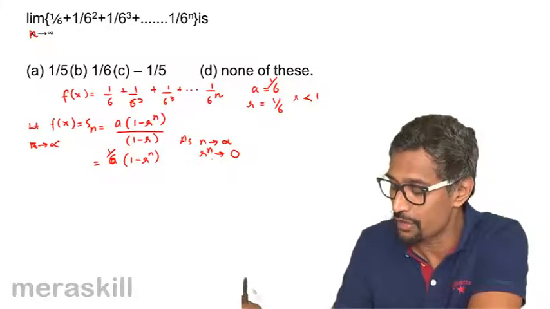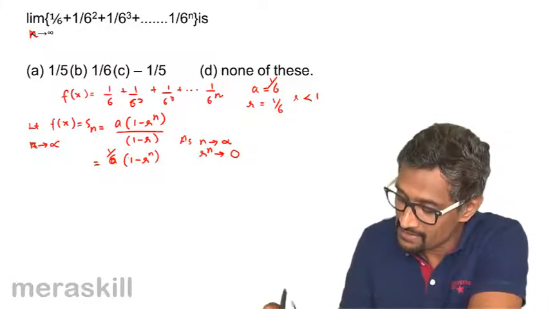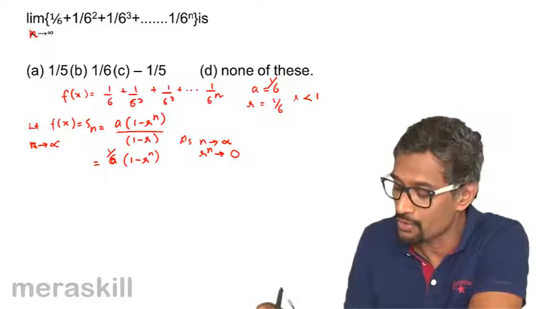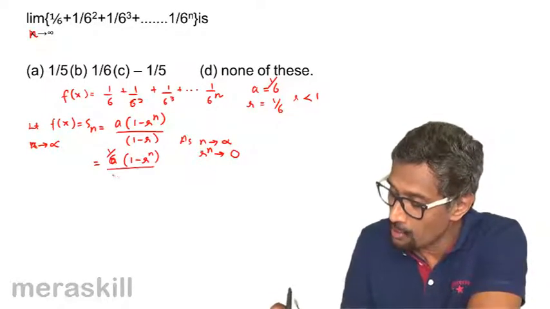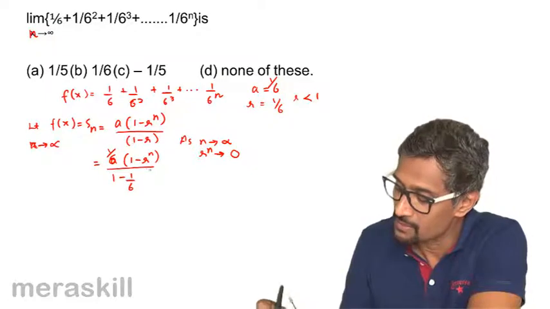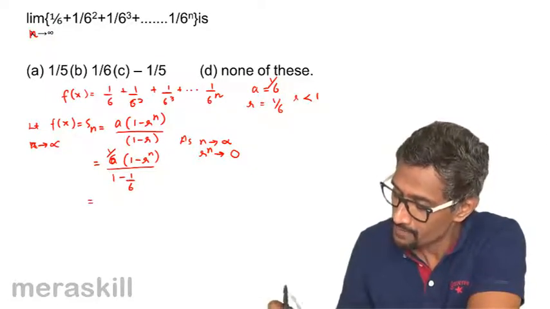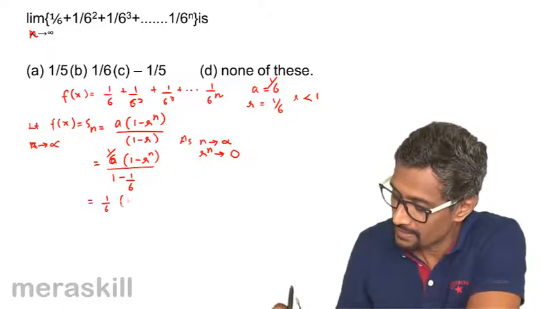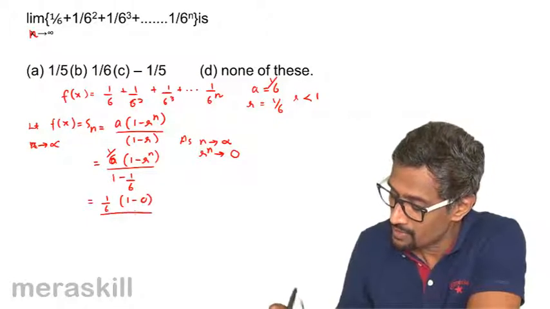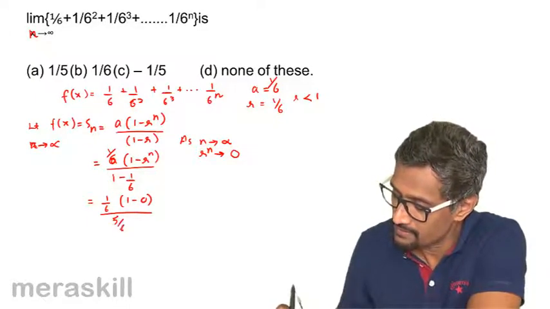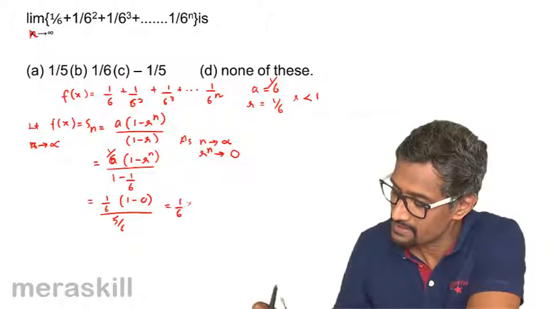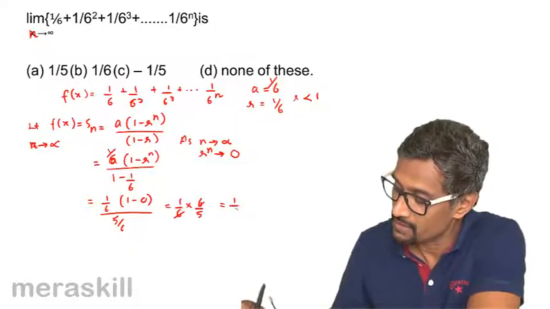So r raised to n approaches 0. In that case, this will be 1 minus 0 upon 1 minus 1 by 6. So this will become 1 by 6 into 1 minus 0 upon 5 by 6, which will turn out to be 1 by 6 into 6 by 5, which is nothing but 1 by 5.